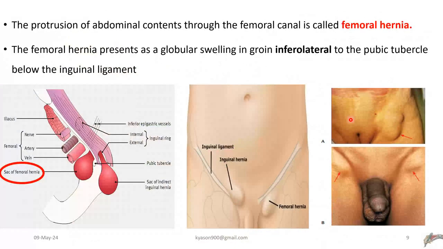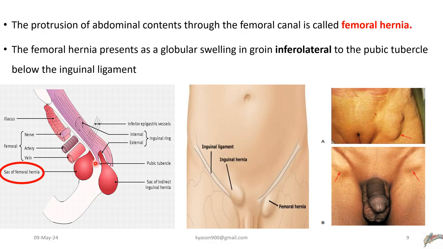And that type of hernia, we call it the femoral hernia. Okay, and in that hernia, basically intestinal structures force themselves through the femoral canal. And the hernia sac, this lower end of the hernia, this is what I'm calling the hernia sac. This hernia sac is going to be situated lateral or inferolateral to the pubic tubercle.